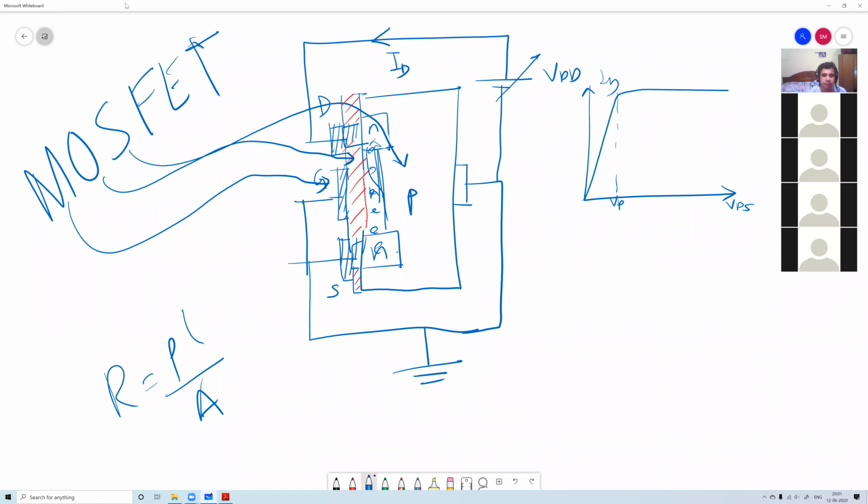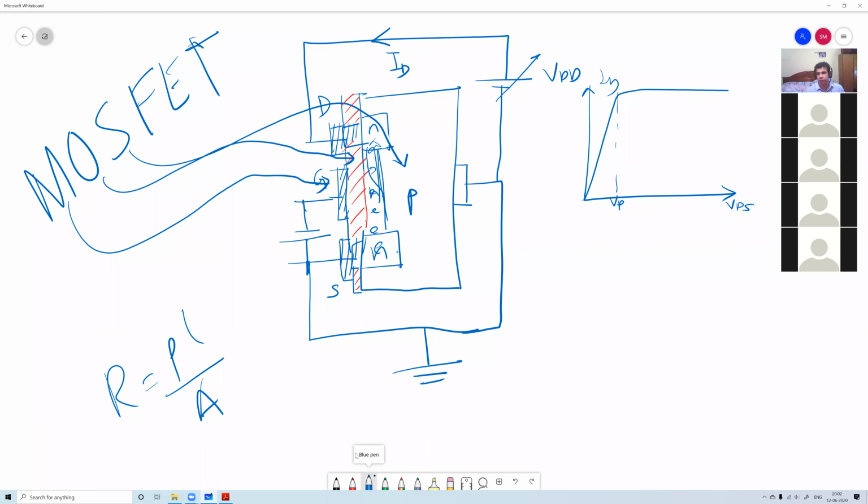Now what happens if I apply a negative voltage here? The negative voltage will repel these electrons.